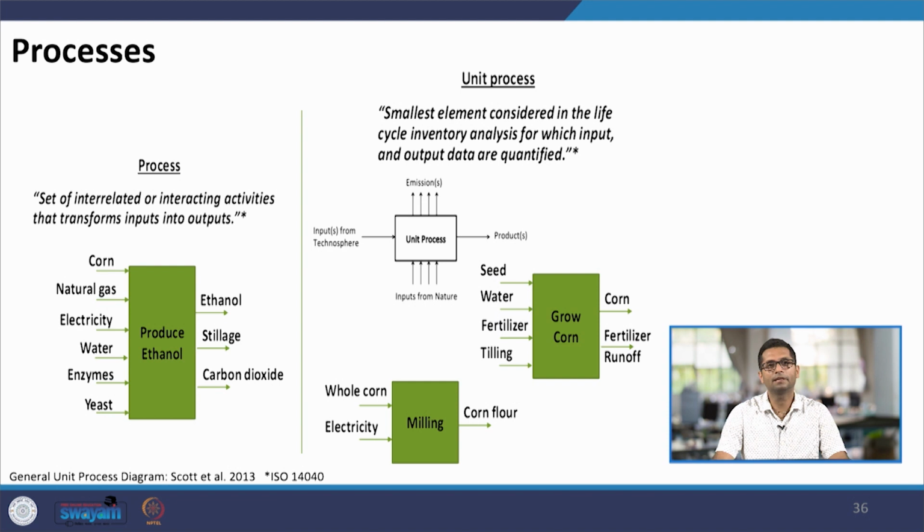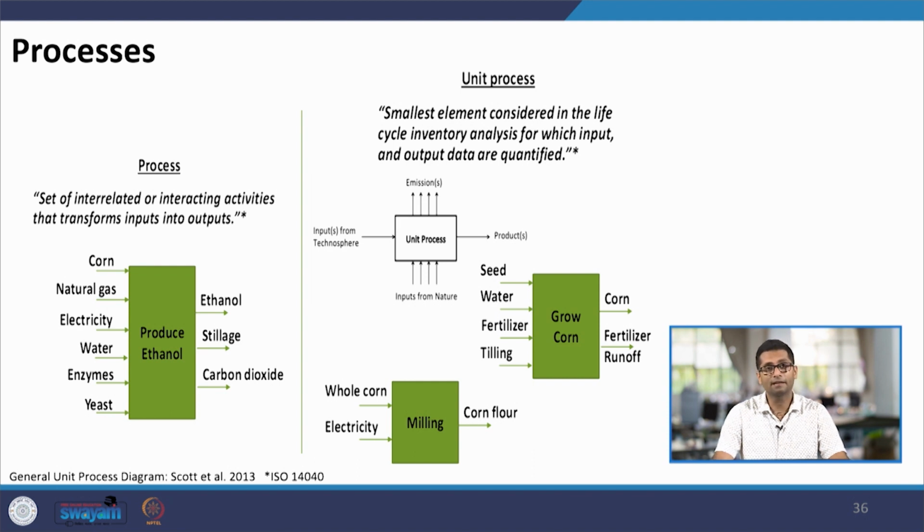And this is what I mean by a process. Again, a process can have inputs that come directly from nature, or there could be some inputs which have been upgraded from the natural flows. These are called process flows, and are also referred to as the flows coming from the technosphere in technical language.